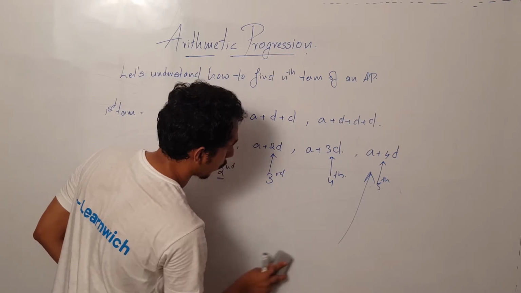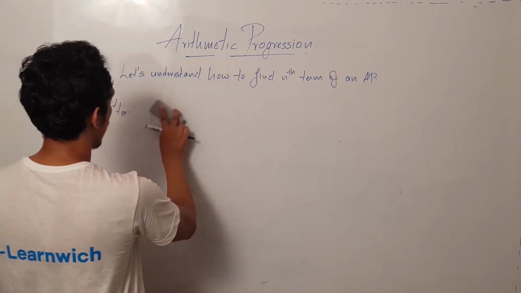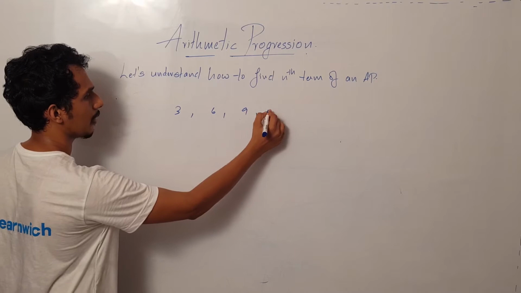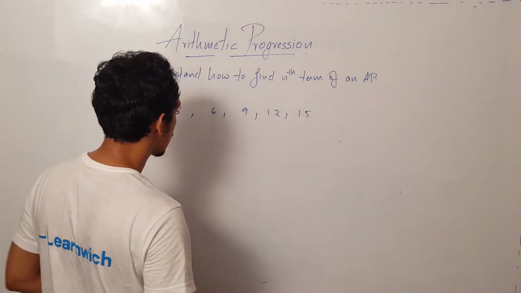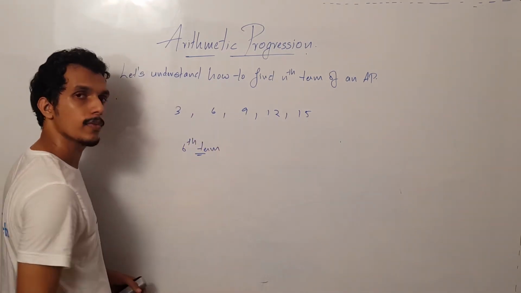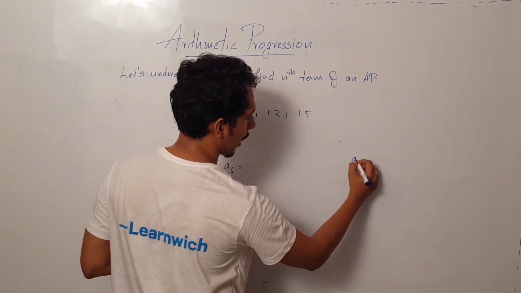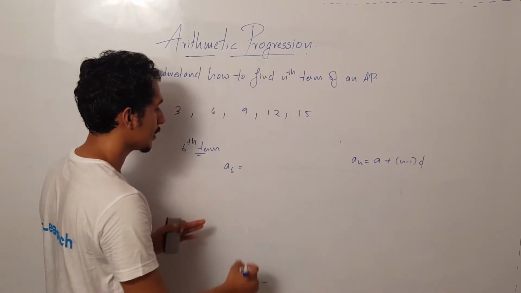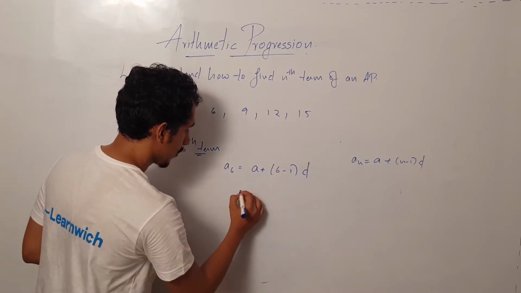If that is the equation, let's look at 3, 6, 9, 12, 15. So this is 1, 2, 3, 4, 5. Tell me the sixth term. Sixth term will be A6. We have this formula AN is equal to A plus n minus 1 into D. So A6 will be A plus 6 minus 1 into D. What is A here?